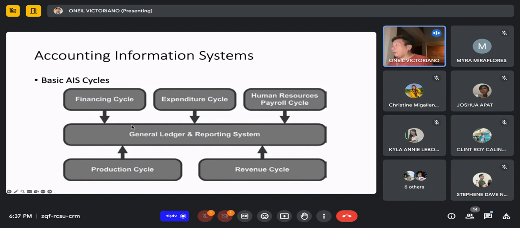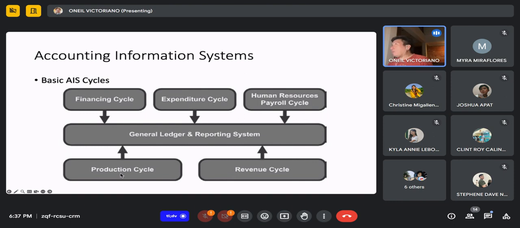General ledger and reporting system are actually part of the financial cycle. Then after that, it goes to expenditure, and then expenditure will have production and revenue cycles or sales cycle, expenditure or purchasing cycle, and of course, human resource and payroll, which is also part of the expenditure cycle.